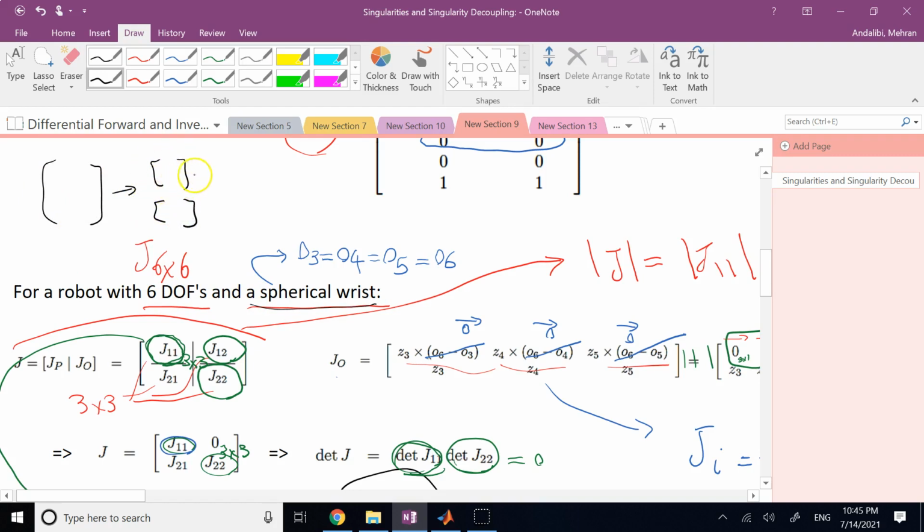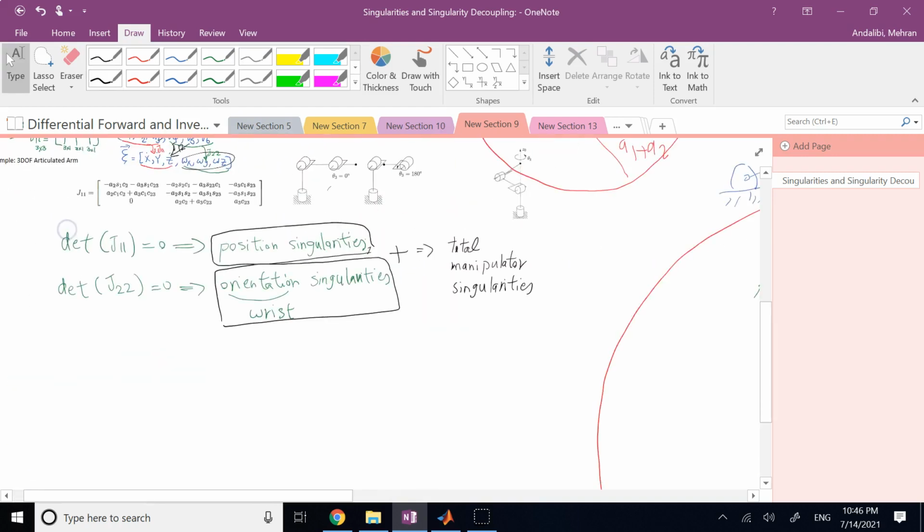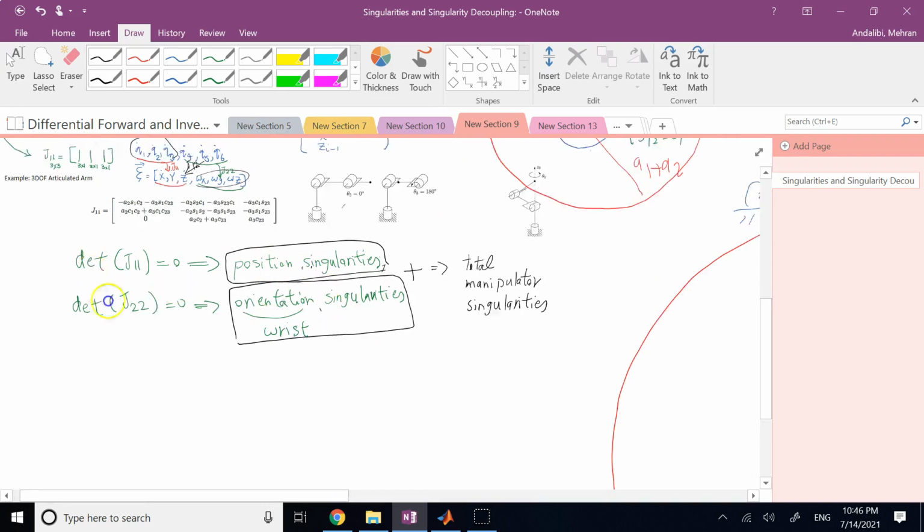The first 3 are called the inverse position problem. The next 3 are called the inverse orientation problem. I could separate these. I could decouple them. And this is the same thing. When the position and orientation of the end effector are 2 separate things, their singularities are also separate. It's called singularity decoupling.